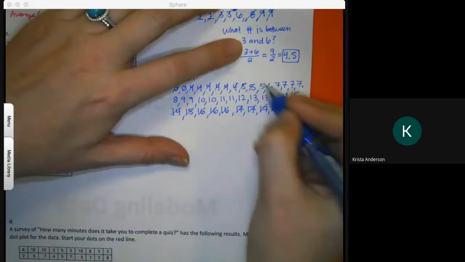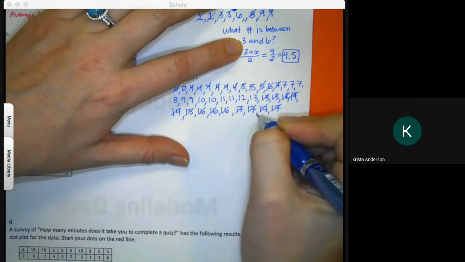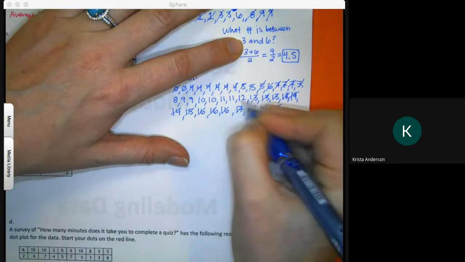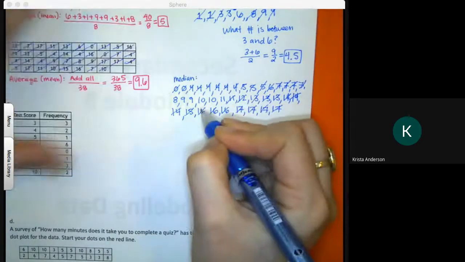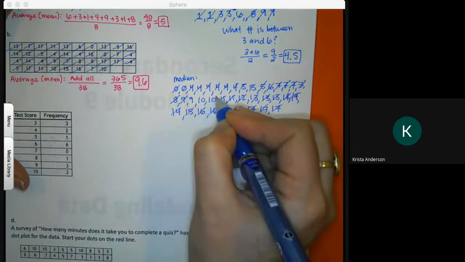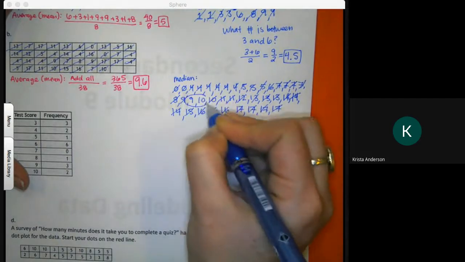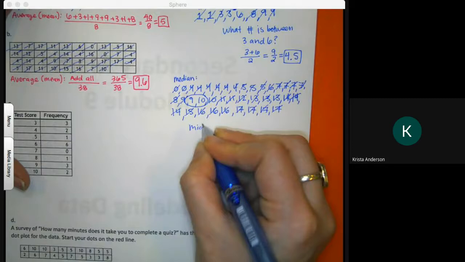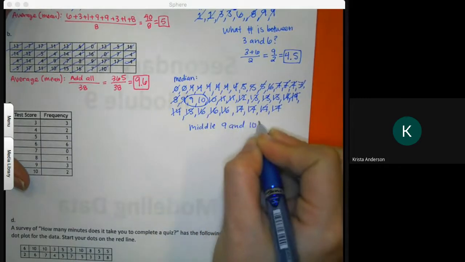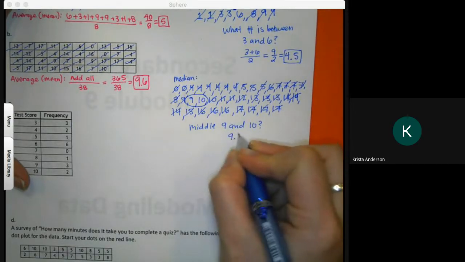Okay, 1, 2, 3, and 1, 2, 3. Closer. 1, 2, 3, and 1, 2, 3. Now I'm going to do 1, 1, 1, 1. We get to these two. What is in the middle of 9 and 10? 9.5.